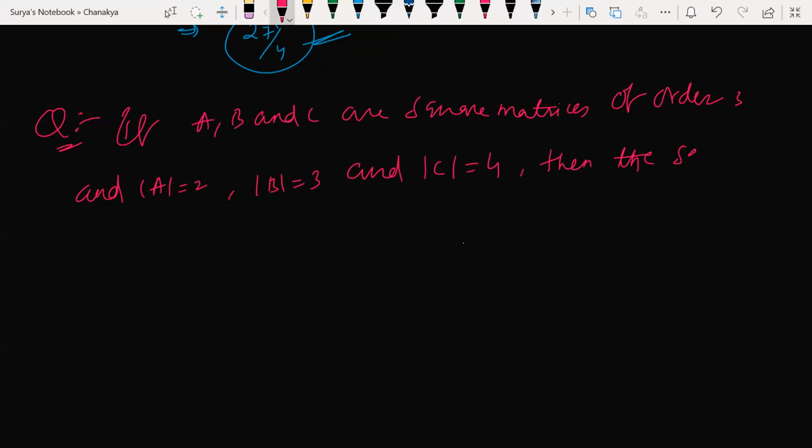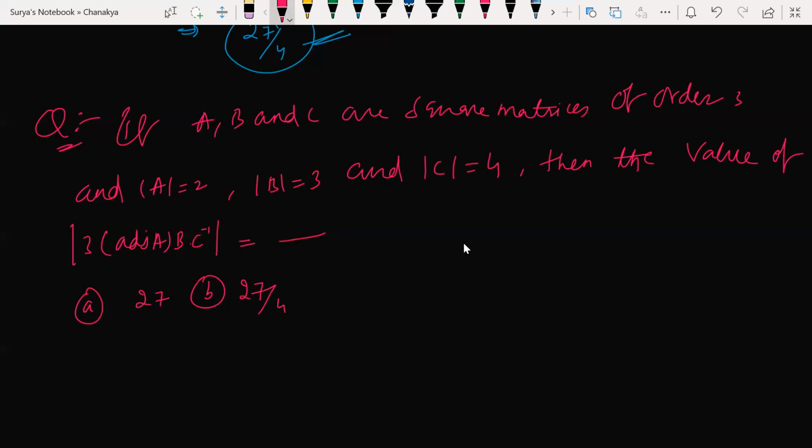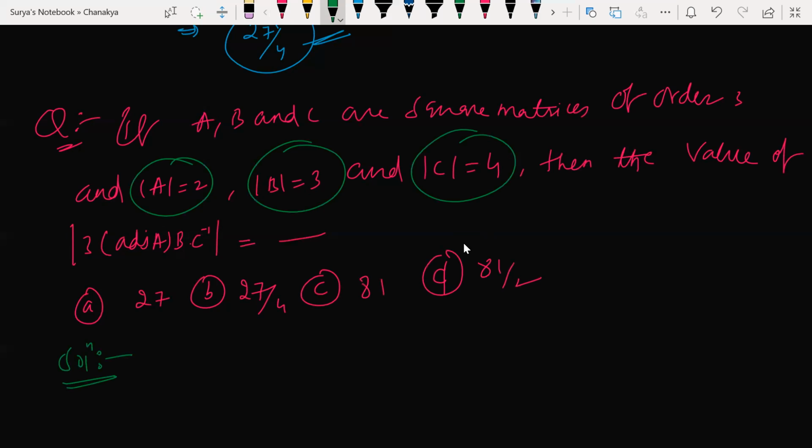Then the value of 3 times adjoint of A into B C inverse is equal to dash. Option A 27, option B 27 by 4, option C 81, option D 81 by 2.